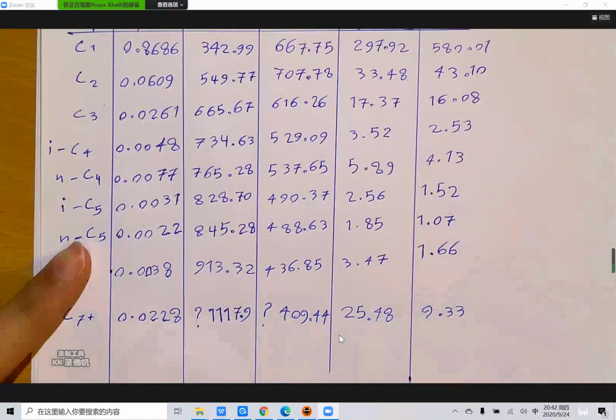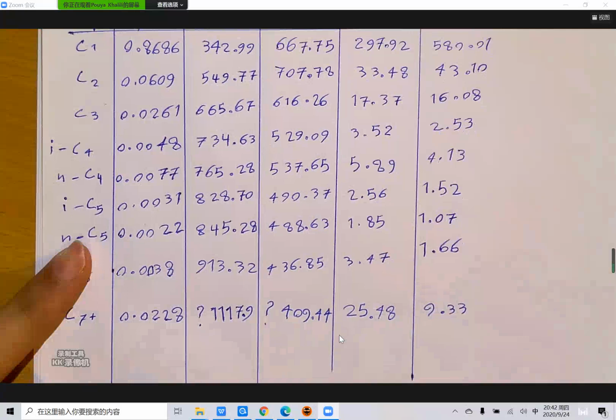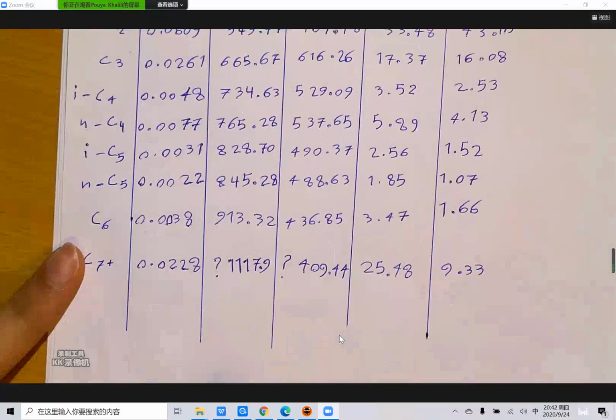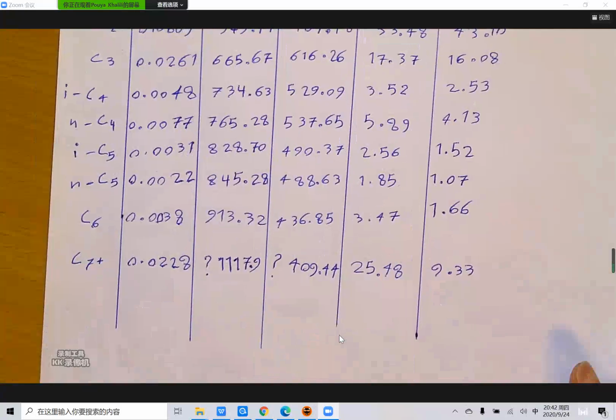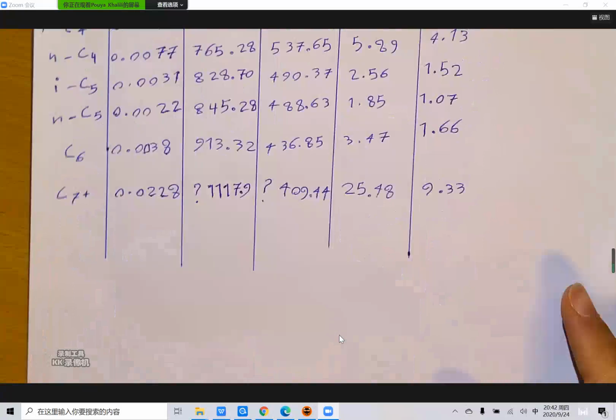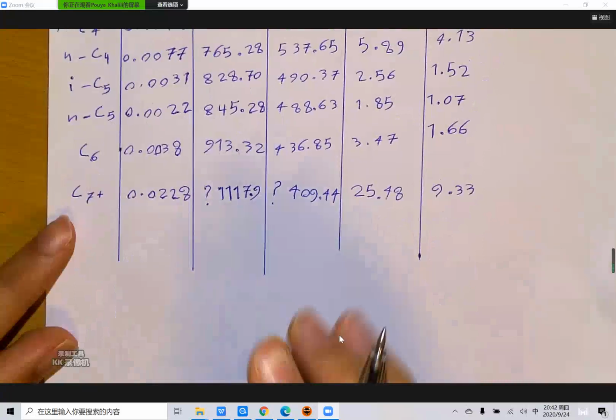So now we have to find the pseudo-critical pressure.